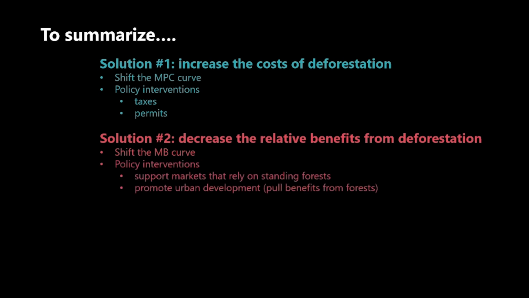And two of the policy interventions that fit in this category include supporting markets that rely on standing forests and promoting urban development. Although there's a caveat with those, it could be that those end up in higher levels of deforestation. And solution number 3 focuses on mandating a limit.